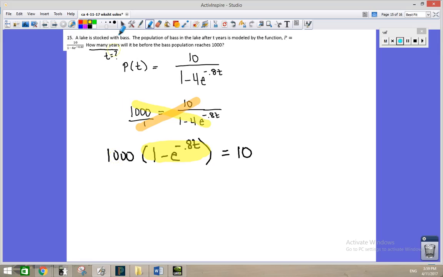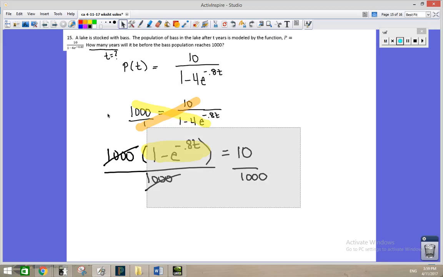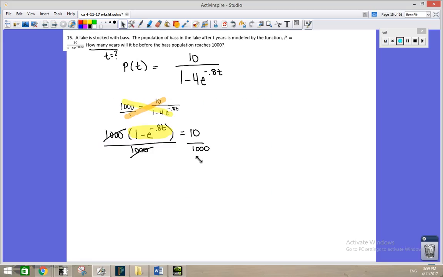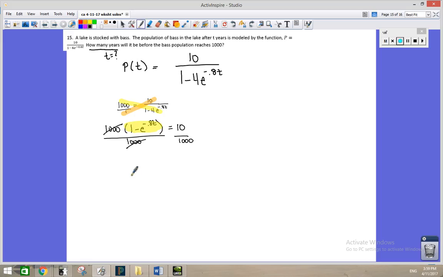On the left-hand side, there's two factors. The factor of interest contains my variable. I need to get rid of this 1,000. I'm going to divide both sides by 1,000. 1,000 divided by 1,000 is 1. We say that those cancel. So on the left-hand side, we have 1 minus e raised to the negative 0.8t is equal to 10 divided by 1,000, which is 0.01.